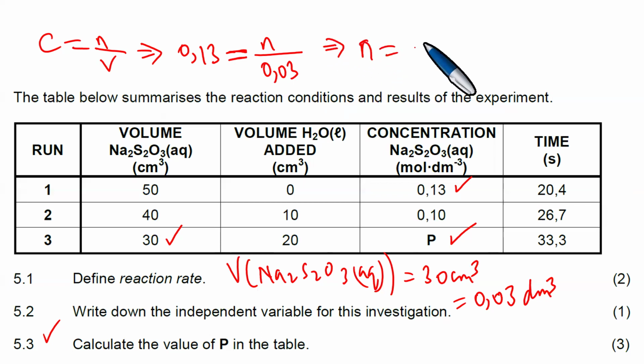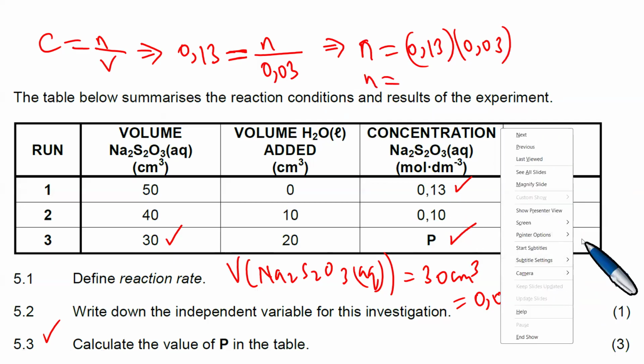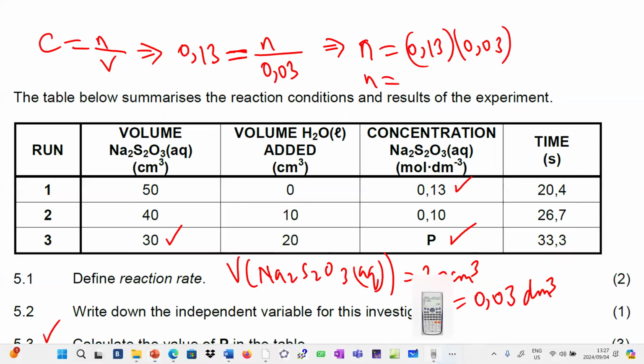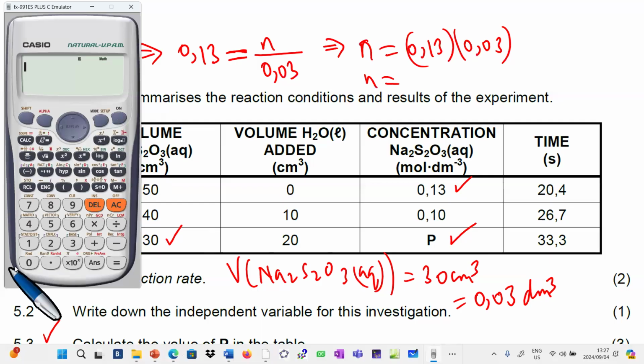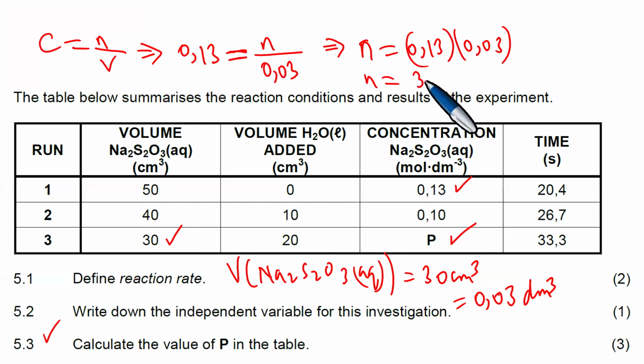So that now the number of moles is 0.13 times 0.03, which gives 3.9 times 10 to the minus 3 moles, because it's n moles.